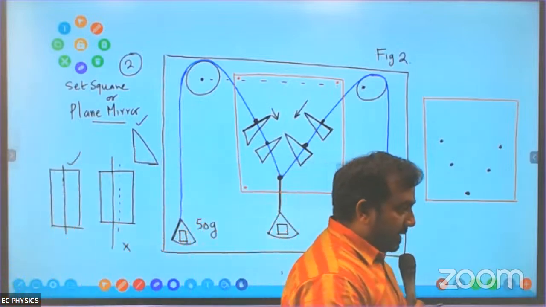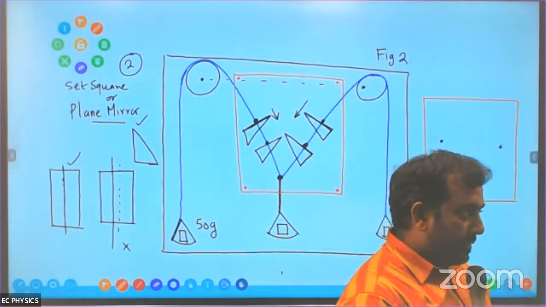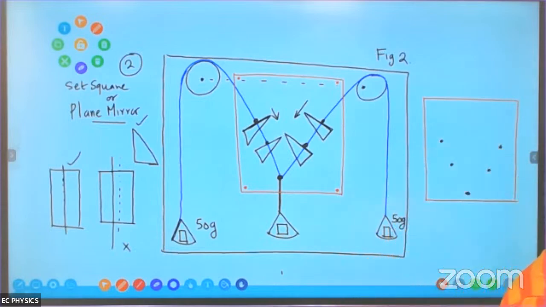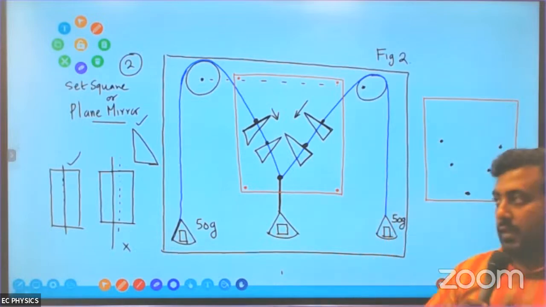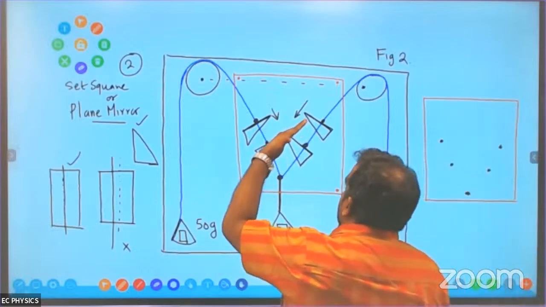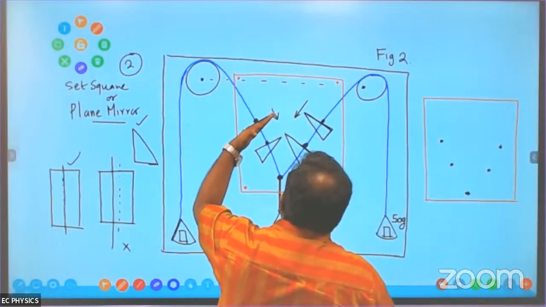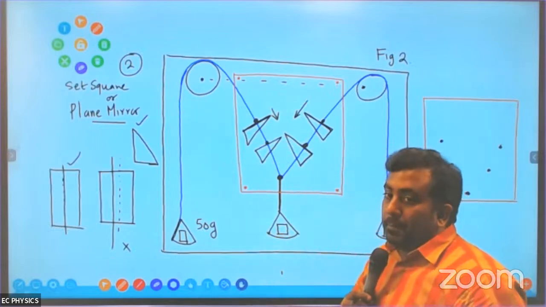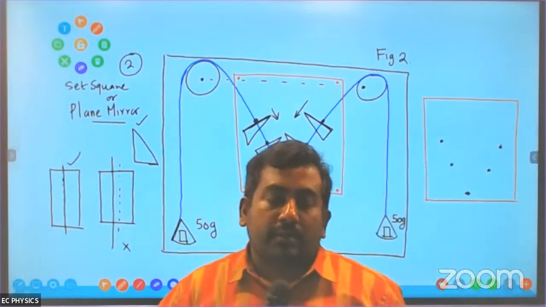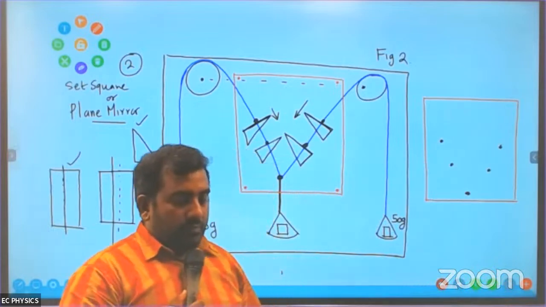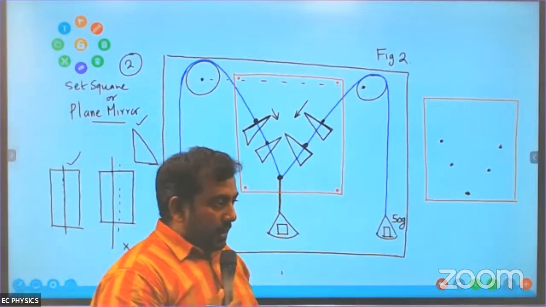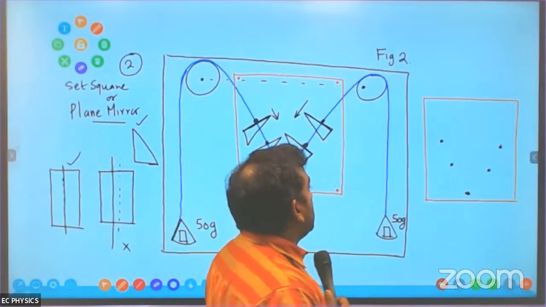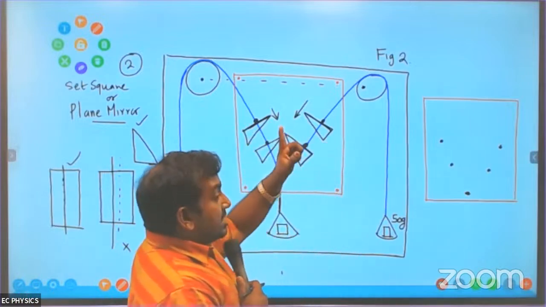If we use a set square, we must place the set square perpendicular to the string segment, such that the string does not move.